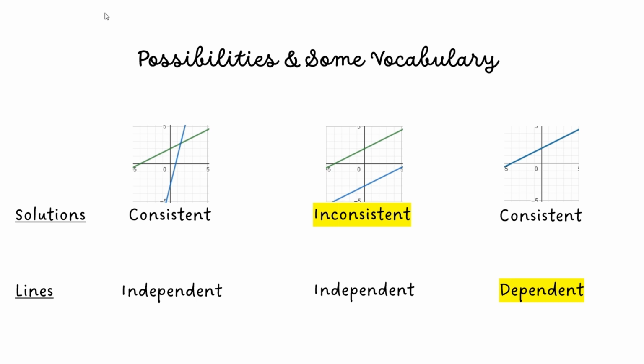Because if you know which ones are inconsistent and which one was dependent, the rest can just fill in. Okay, so moving on.